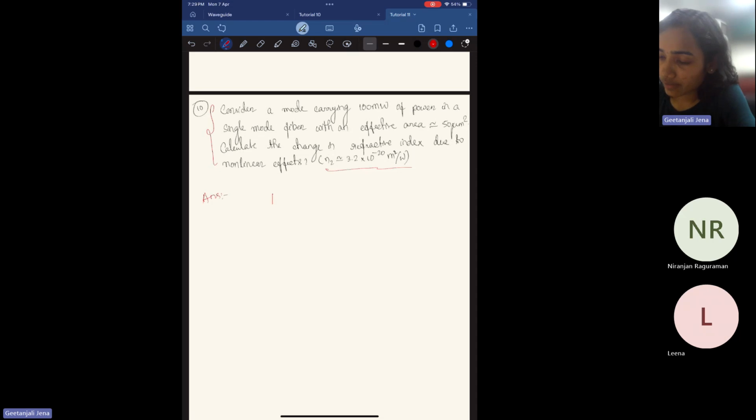So power is given, 100 milliwatt, and the effective area is also given. It is 50 micrometers square, and n2 is given. So what will be delta n now?